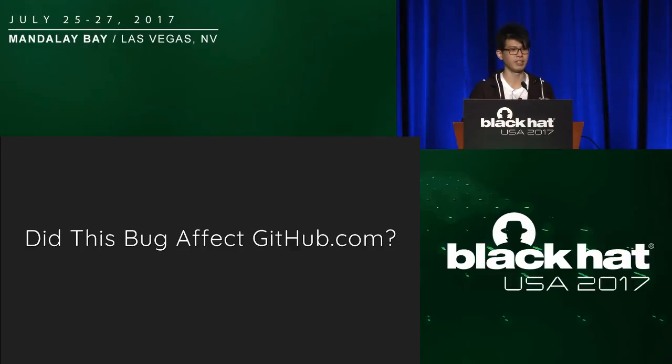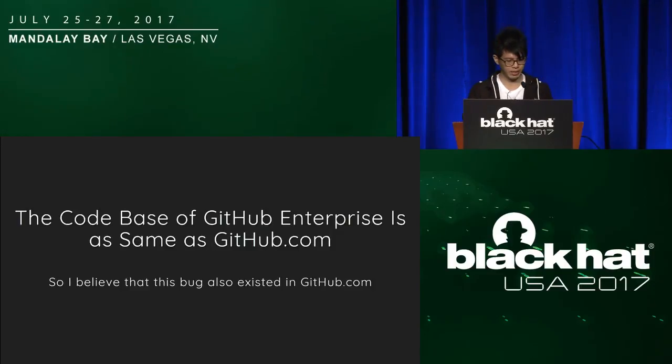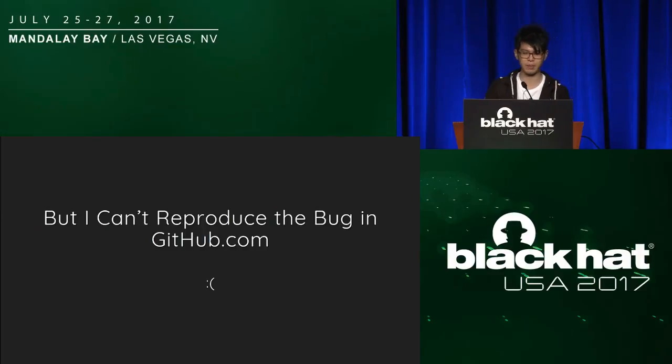I want to review the source, but I have no time. But I tried this bug on GitHub.com, because the code base of GitHub Enterprise is the same as GitHub.com. So I believe that this bug may also exist on GitHub.com, but I could not reproduce the bug on GitHub.com.